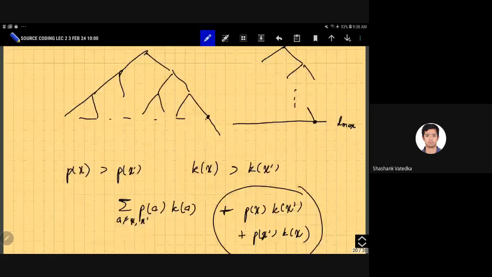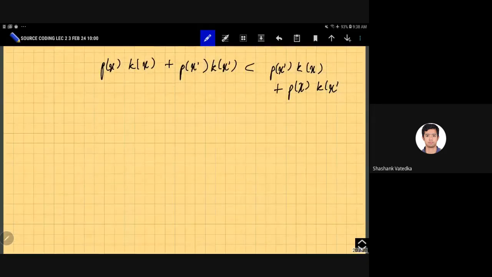So if property 2 is not satisfied, then you can take the longest code word and remove the last bit.